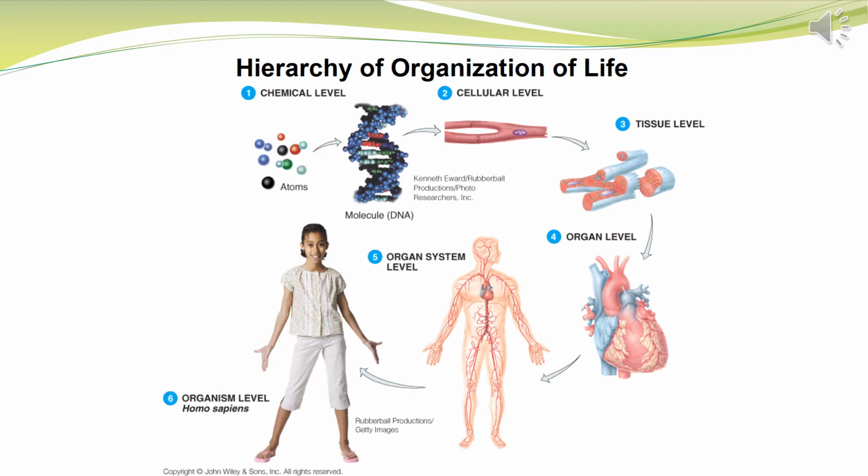A bunch of cells together creates a tissue, and then a bunch of tissues together creates an organ. Groups of organs combine to form organ systems, and of course, at the organism level, we are made up of all of these organ systems.